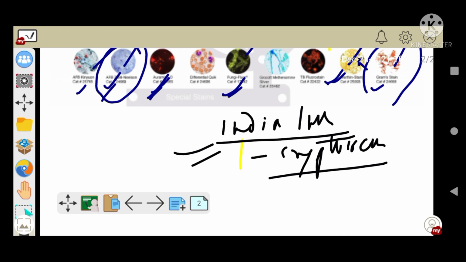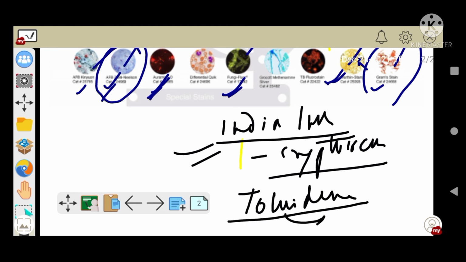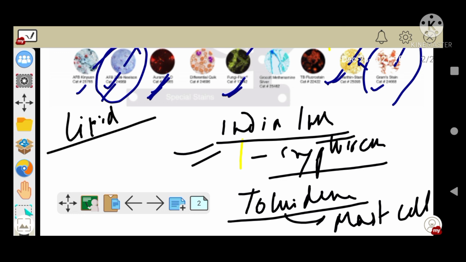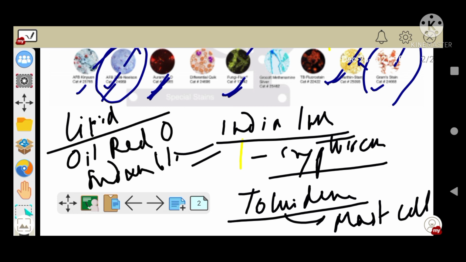With Masson Fontana we can see melanin, as I already told. And there is toluidine blue stain. Toluidine blue stain is used for mast cells, right? Then for lipid I have already told oil red O, and also there is Sudan black, right?